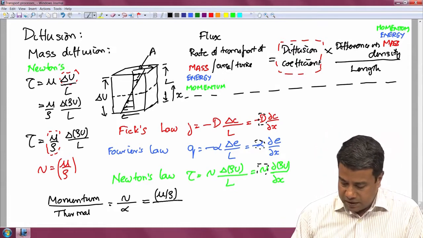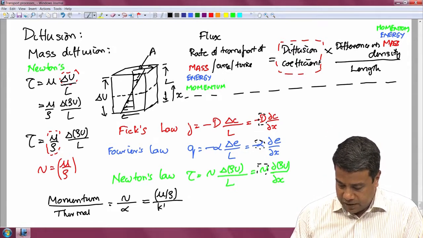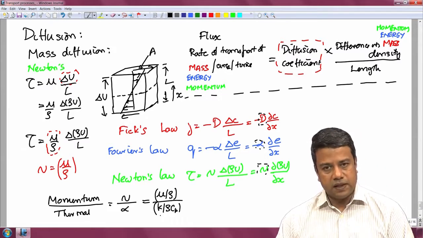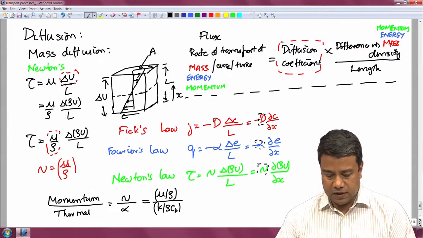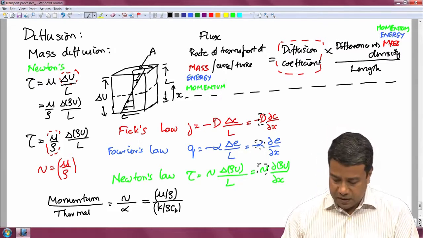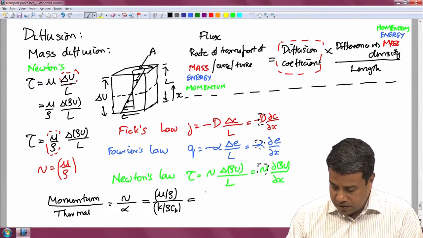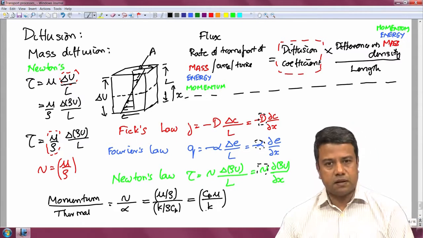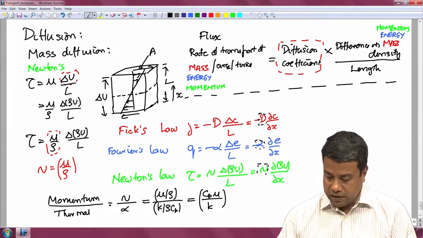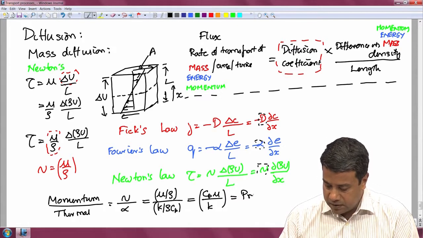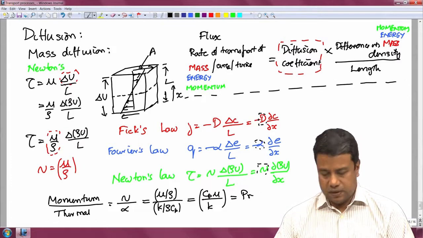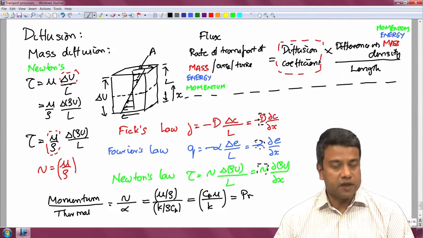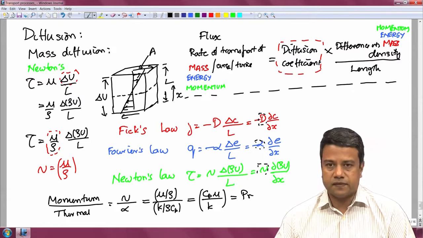The thermal diffusivity was K by rho Cp, when I had expressed it in terms of the energy density, and this gives me Cp mu by K. If you recall, when we did the heat transfer problem, this was the Prandtl number. So, the Prandtl number is the ratio of momentum diffusivity and the thermal diffusivity.